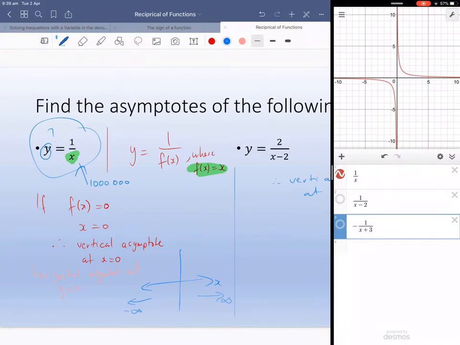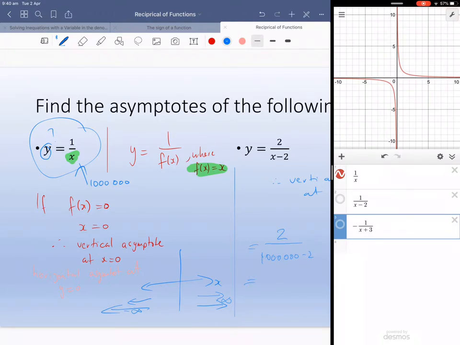So substitute a really, really big number. When we're looking at horizontal asymptotes, we're looking at the edge of x, and then we can find out what the horizontal asymptote is. Now, for this next one, if we put 2 over 1,000,000 minus 2, does that affect it much? No, if you put it in your calculator, you're going to get something pretty close to 0.